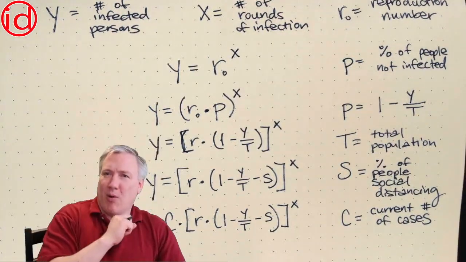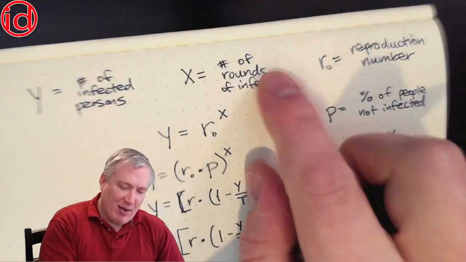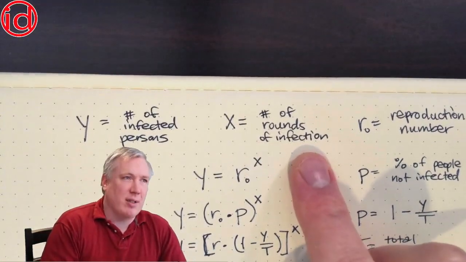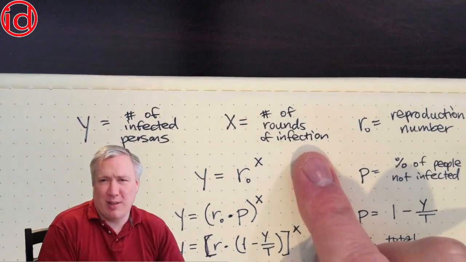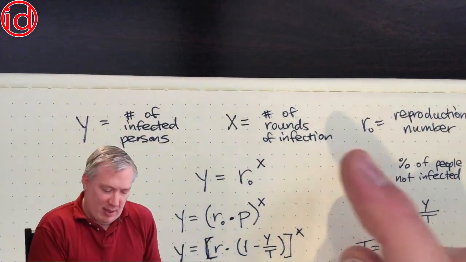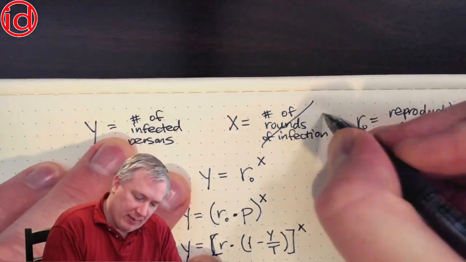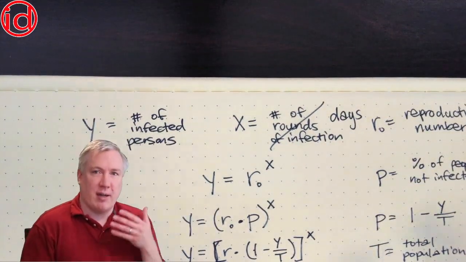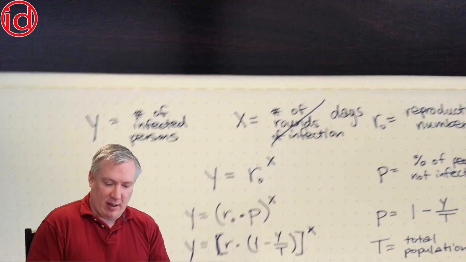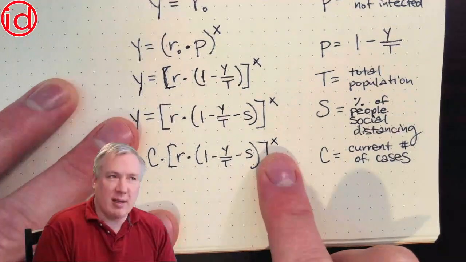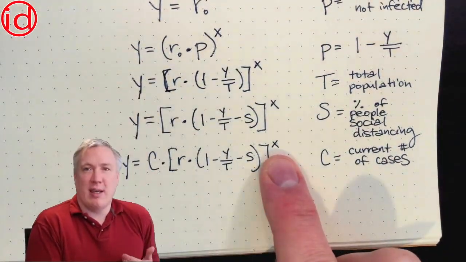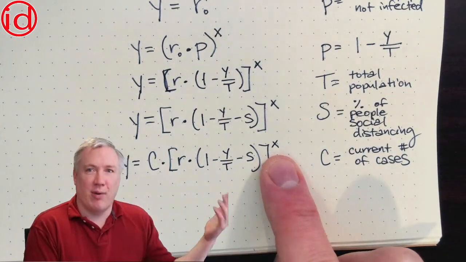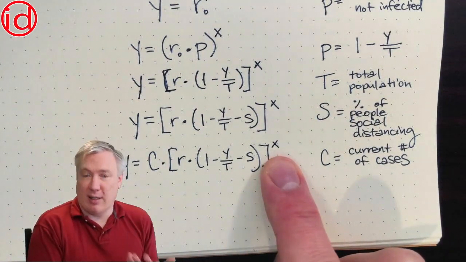We need to do one more thing. This X right now represents something very odd, which is the number of rounds of infection, which is kind of a weird thing. I'd like it to represent days. But in order to do that, what I need to do is have some sort of factor to counterbalance the fact that this rate doesn't happen in one day. You don't get sick and spread it to 2 other people or 3 other people in a single day. It takes some time.